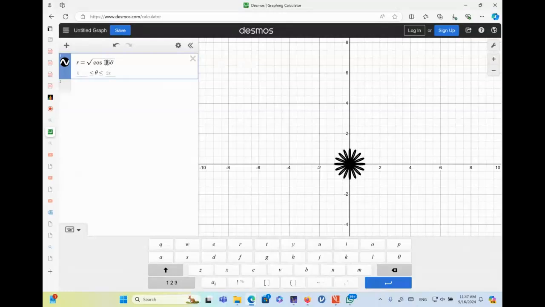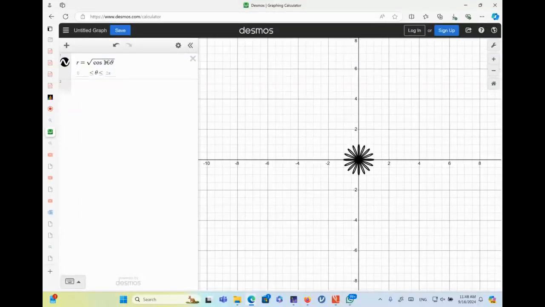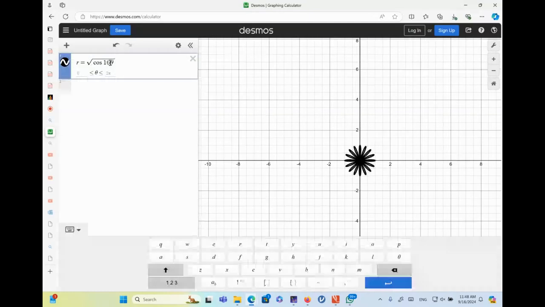And all the time it is symmetric about the polar axis, which is this axis, and also symmetric about the origin. So what we are concerned with now is only 4 theta, so we will have 4 leaves, symmetric about the polar axis and symmetric about the origin.